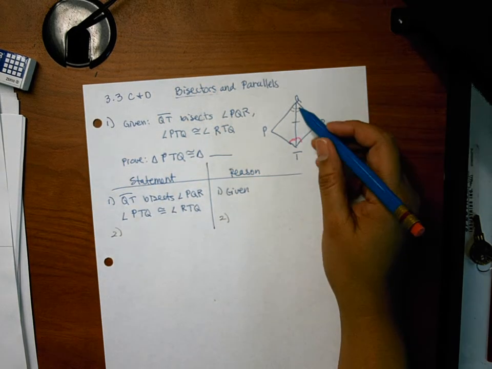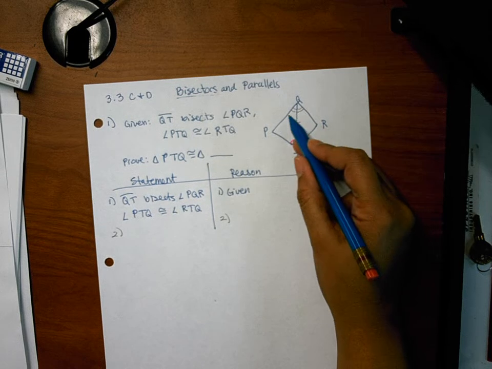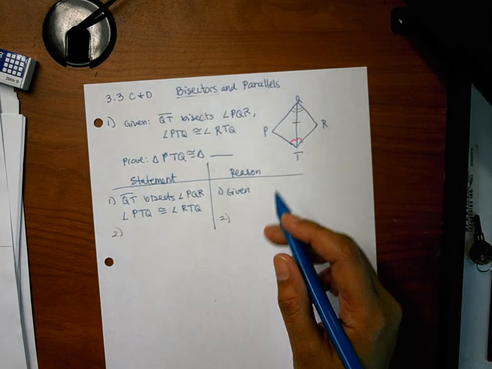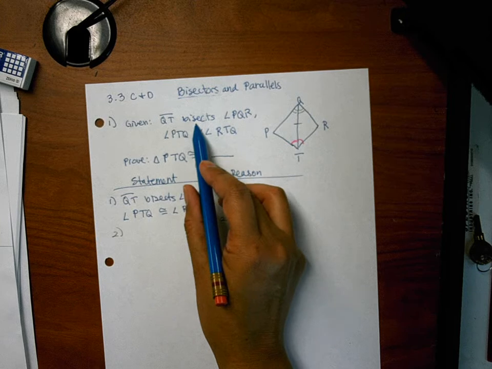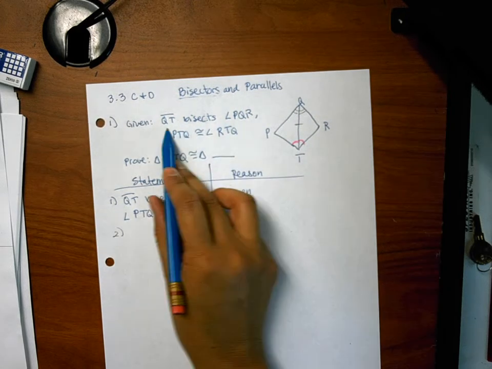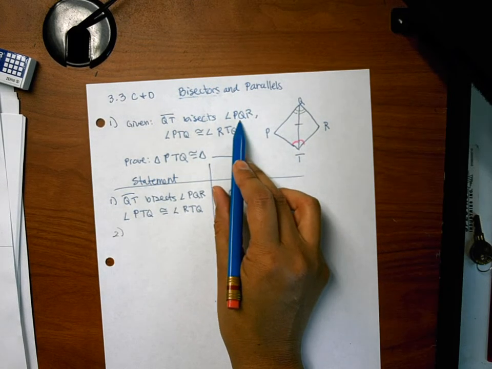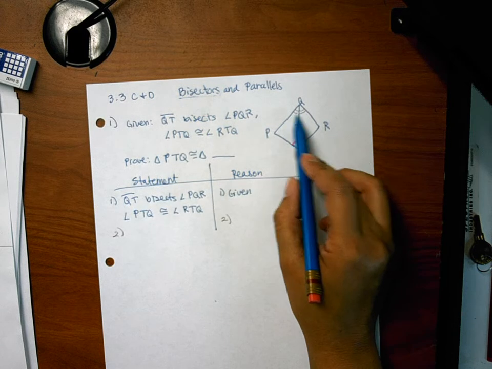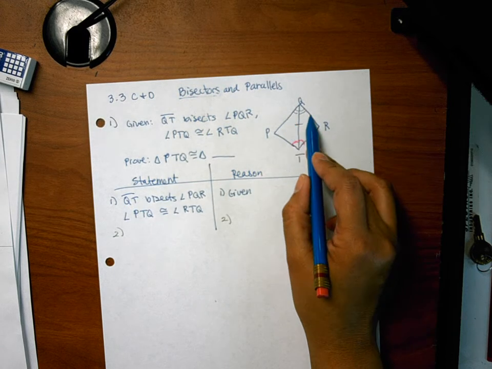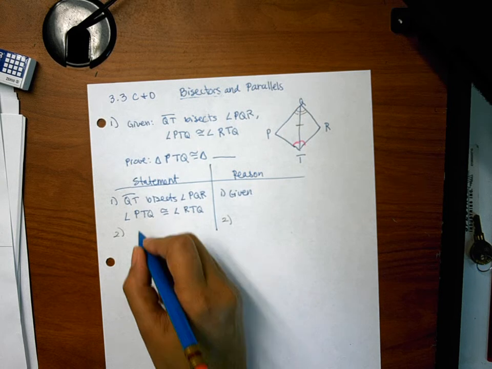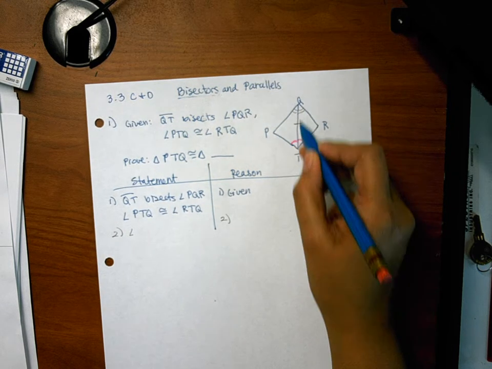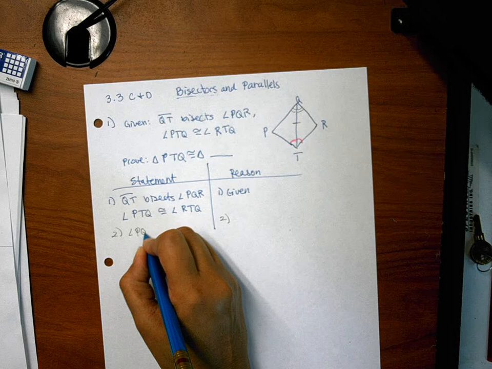Number two is what did we come up with? It doesn't matter if you put the QT first or the angles are congruent. I'm going to do the angles first because that was part of the given information. QT bisects PQR. Now, that was given. It didn't say those two angles are congruent. We came up with that with the given information.